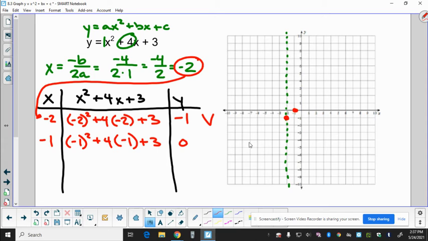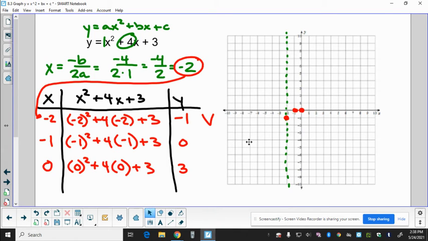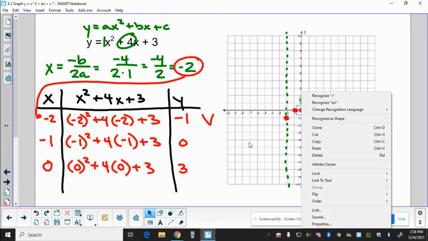And then finally, let's go ahead and put the number 0 in here. That should be pretty easy to calculate with. 0 is always a good number to use. Easy to calculate with. Well, you can see that's just going to give you 3. That's the ordered pair 0, 3. See if we can move that so you don't go left or right.